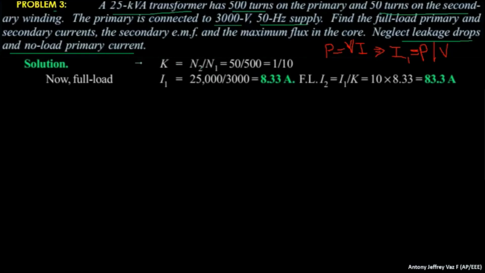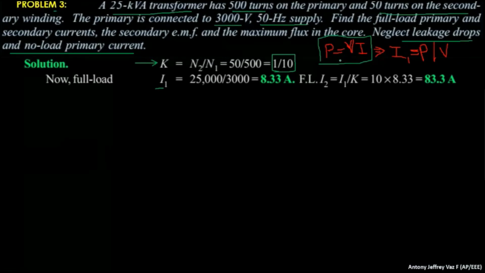First, you need to find the K value, that is the transformation ratio, N2 divided by N1, which is 1 by 10. Next, you can find the current value using the formula P is equal to VI.